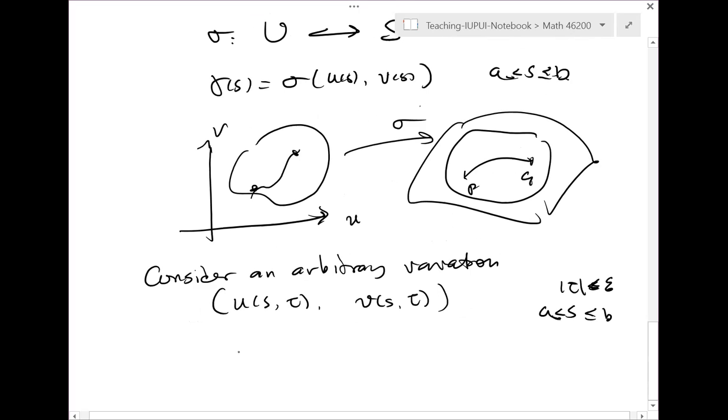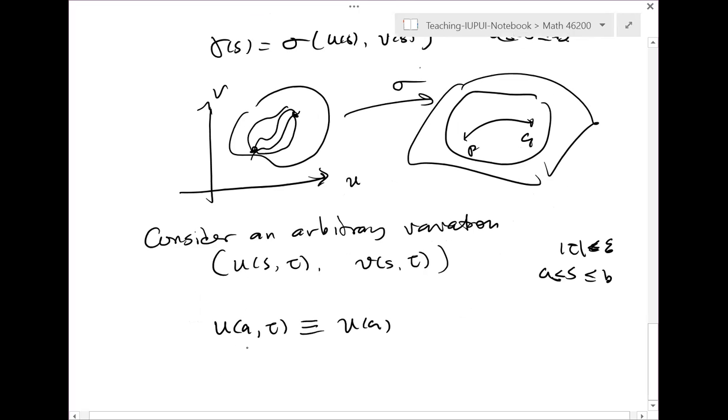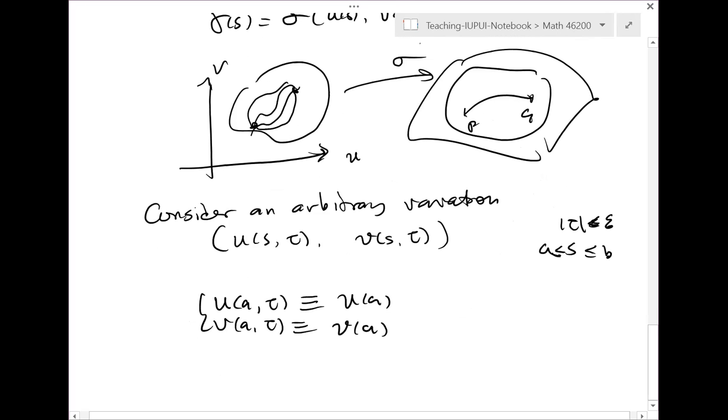We consider those curves such that the endpoints are fixed: u(a, tau) is always equal to u(a), and v(a, tau) is always equal to v(a). And u(b, tau) is equal to u(b), and v(b, tau) is equal to v(b).